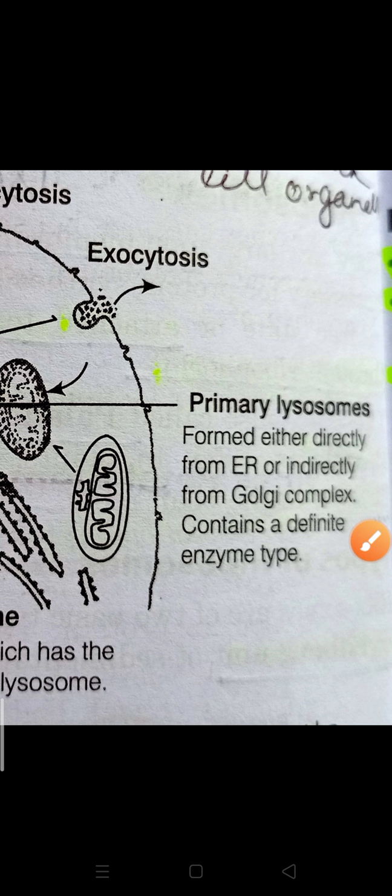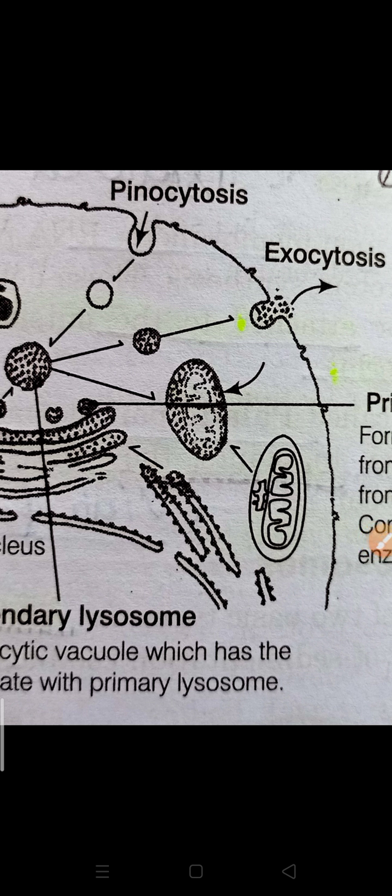Okay, are you getting my point? The vacuoles towards the trans side have inactive hydrolytic enzyme and they are known as the primary lysosome. I hope that much is clear.